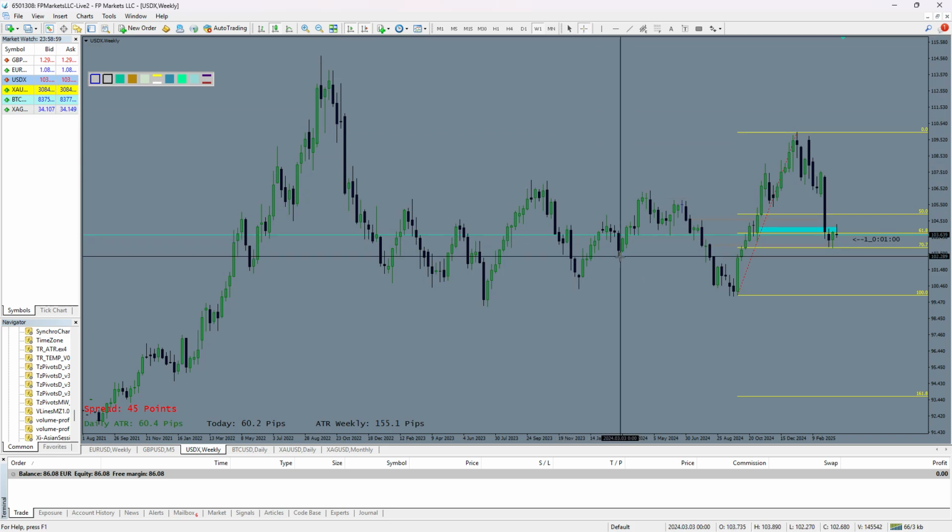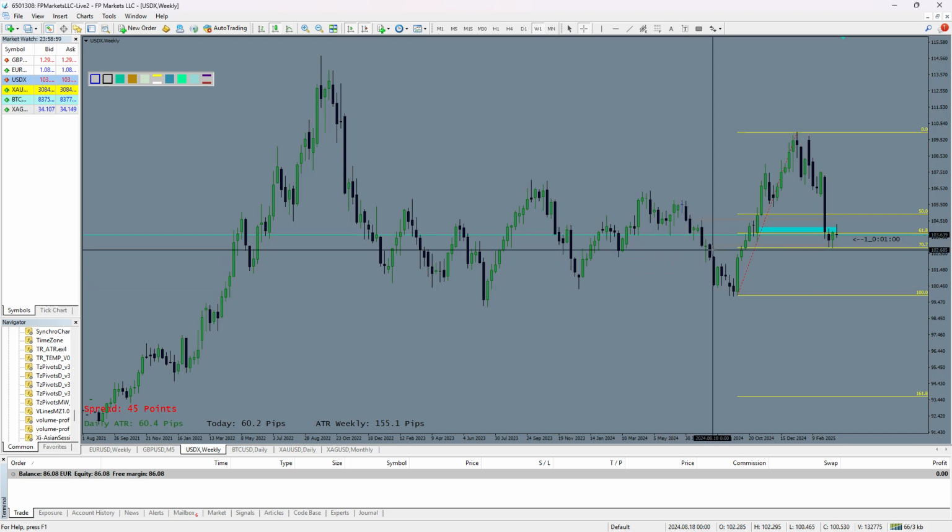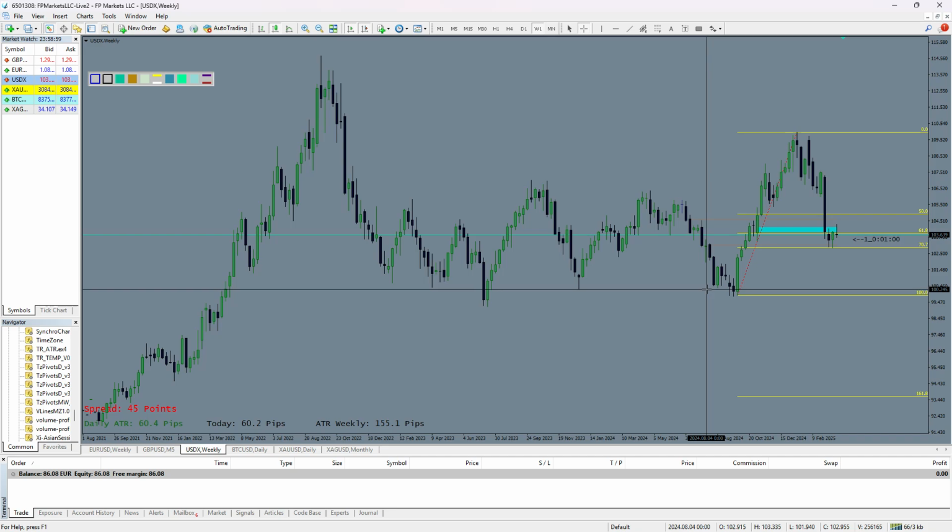And when it dropped, something happened. If you look at the low of this candle, you can see that this drop has not reached the low of this candle. Let me mark it, it will be much easier.